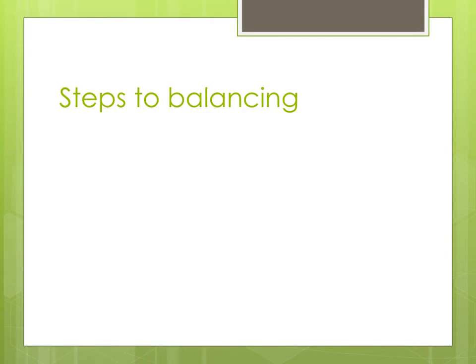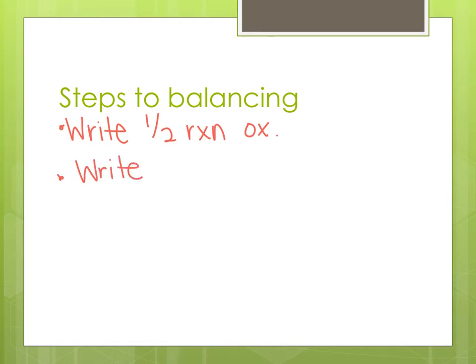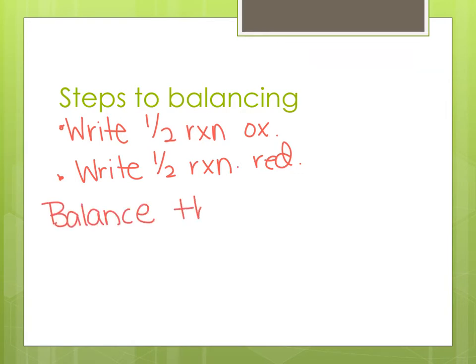The first thing you're going to do is write the half reaction for oxidation. You're going to write the half reaction for reduction. Then we have to balance our reactions, which is the whole point of us doing this. To balance the reactions, you're going to follow steps, and they have to be followed in order.